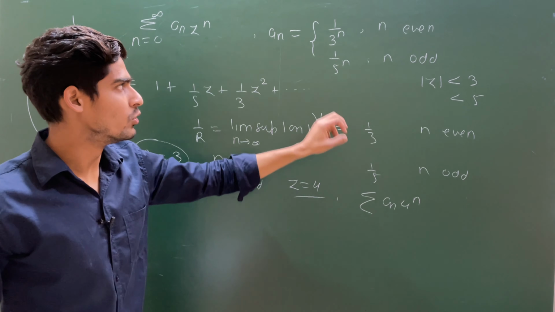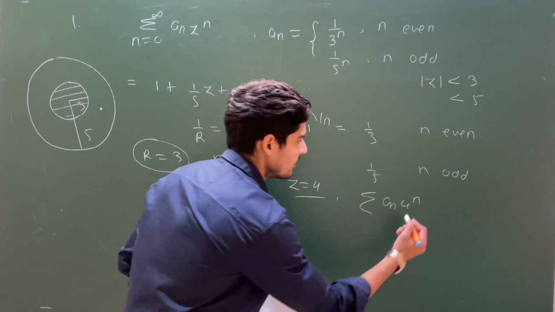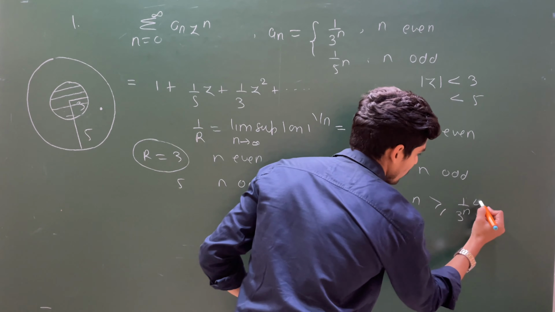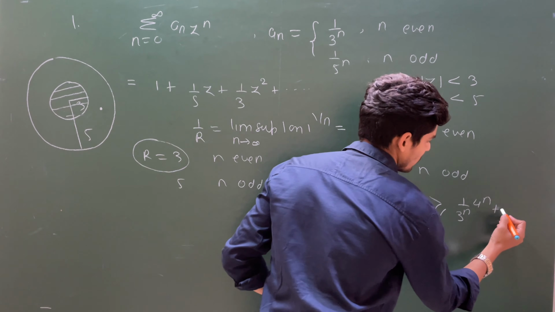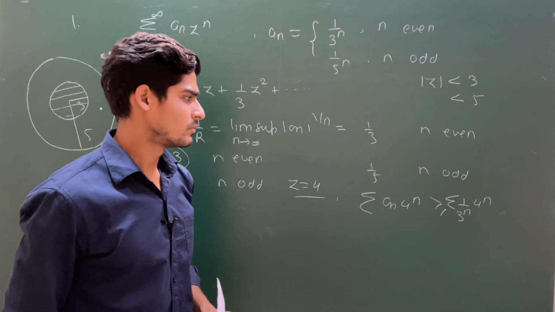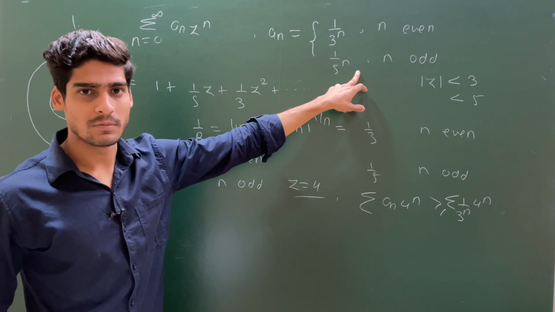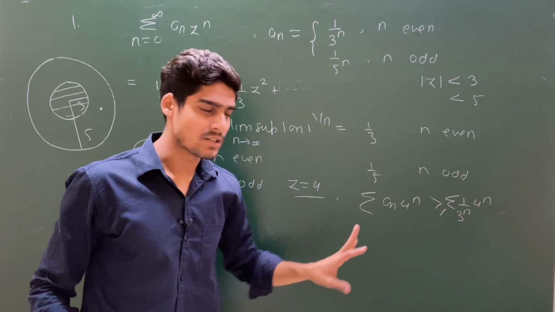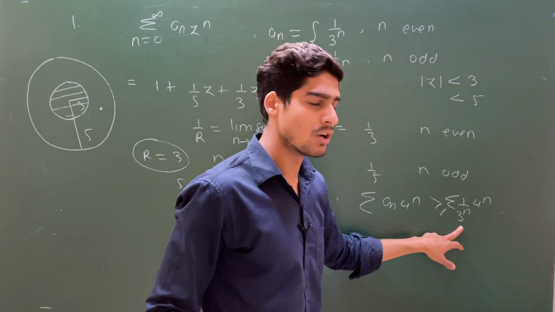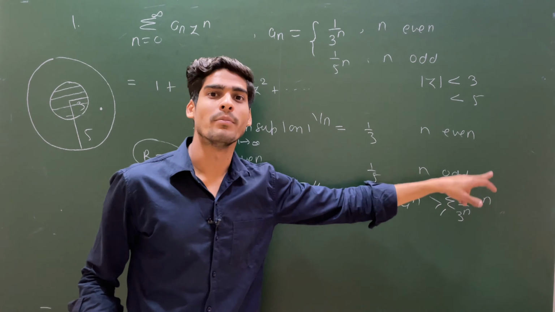So suppose I say you just delete your odd terms, then you will still get that this is bigger than or equal to 1 upon 3^n times 4^n. You can choose n accordingly. I am just saying you delete these 1 upon 5^n terms. Then the series you get must be less than the previous one, because you are deleting some terms. But this is not a convergent one. That you can easily observe, by the ratio test or the root test.